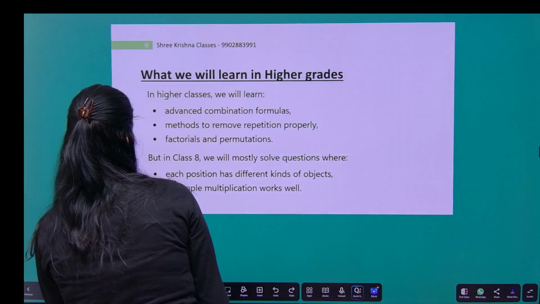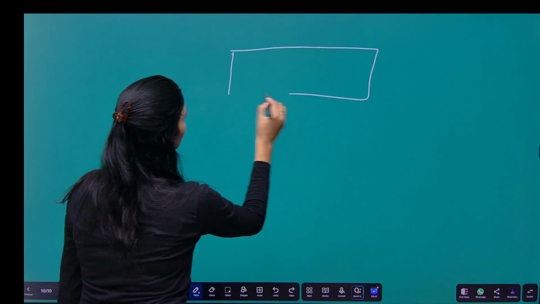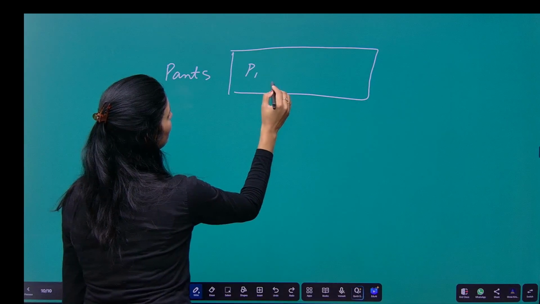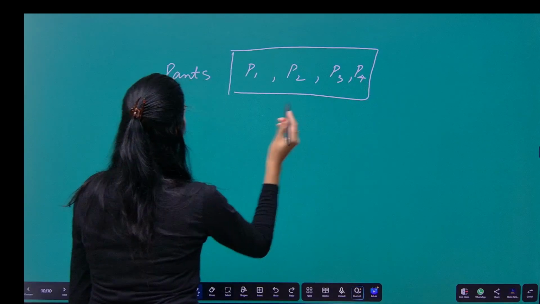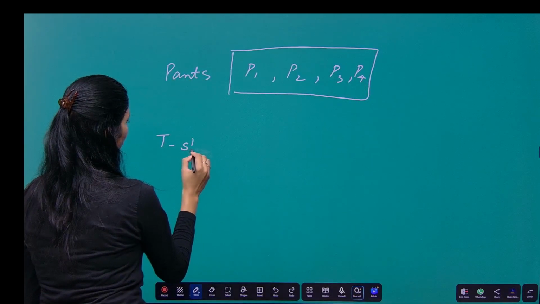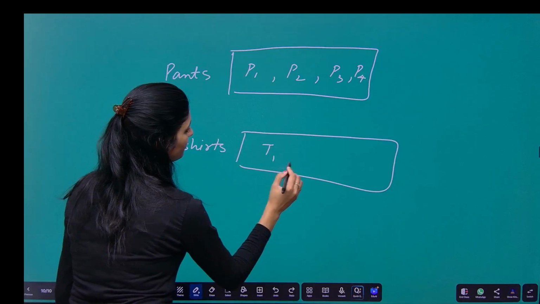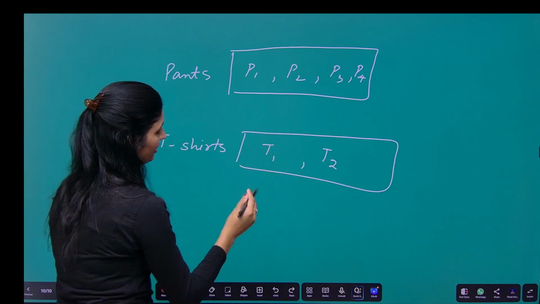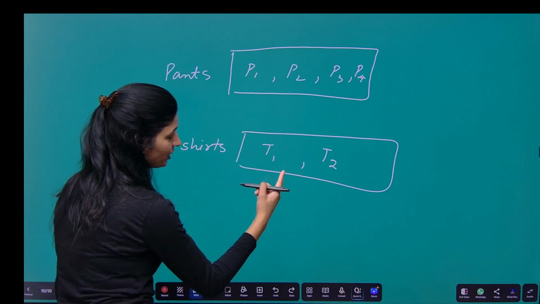Okay. Another such example can be where you have a certain number of pants like P1, P2, P3 and P4, and a certain number of t-shirts like T1 and T2. I'm keeping it very low for now. And if you have to select one t-shirt and one pant, so total how many combinations will be possible?